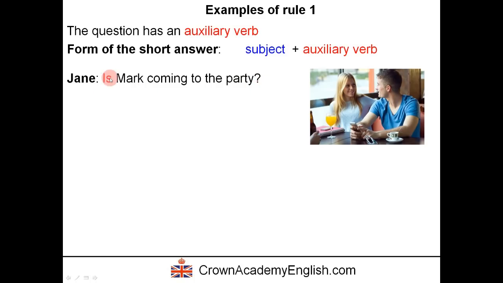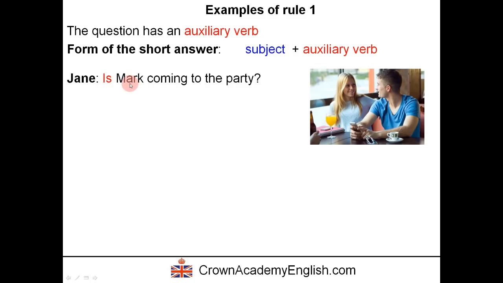So in red, this is the auxiliary verb. This is the verb be acting as an auxiliary verb. It is not a main verb here. Okay? And the tense is the present continuous in the question form.